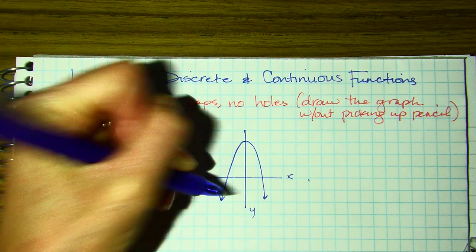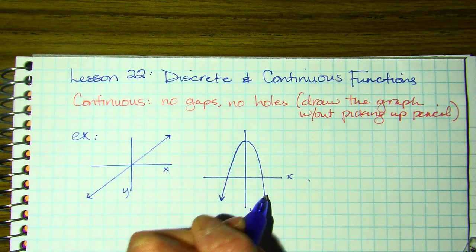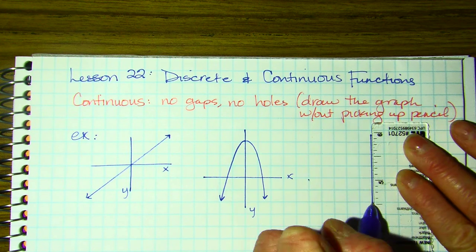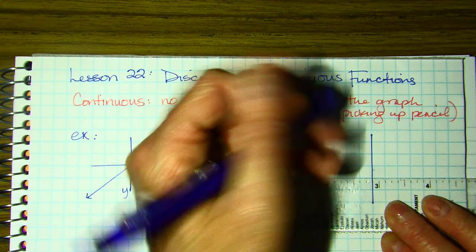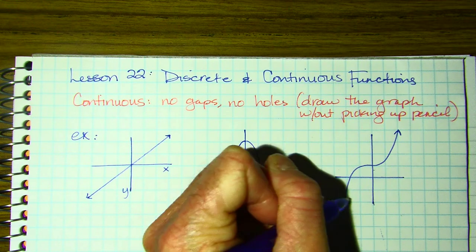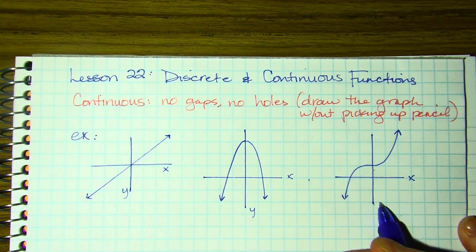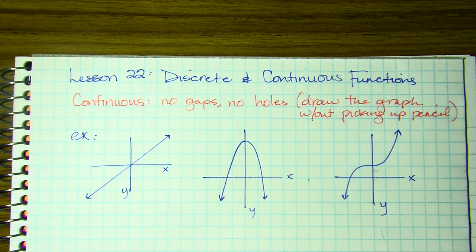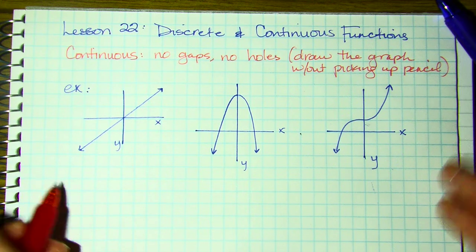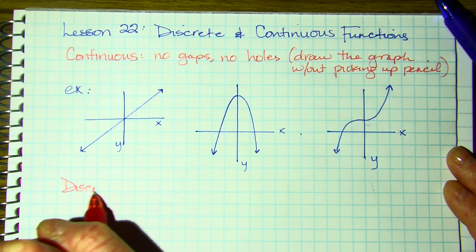It's a smooth curve. I could draw this without picking up my pencil. Now, graphs are going to take all shapes and sizes, right? Here's a cubic function. Okay, that is a continuous function. There are no holes, there are no gaps. It's one smooth line.